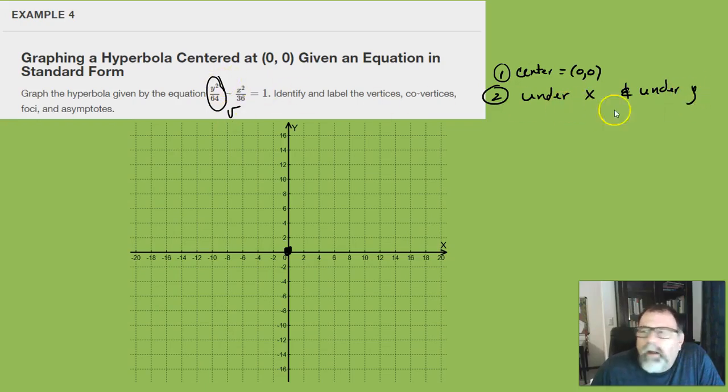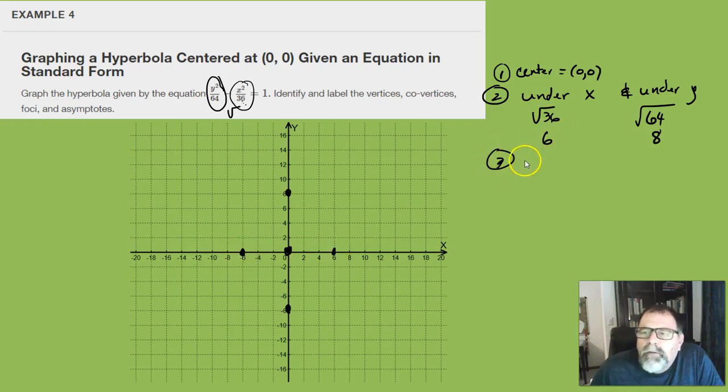So under the y, that is 64, I take the square root of it, which is 8. So in the y direction, I'm going to go plus 8, minus 8 from the center. Under the x, I'm going to square root that number. The square root of 36 is 6. So in the x direction, I go plus 6, minus 6.